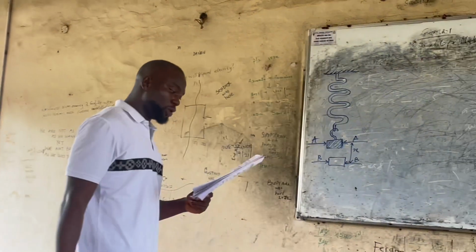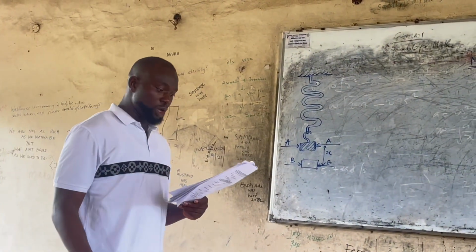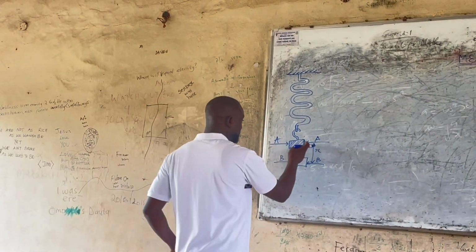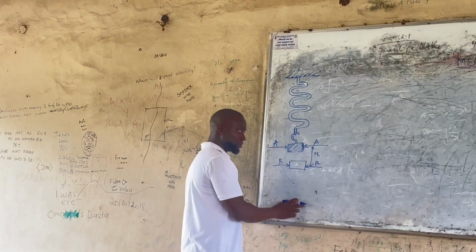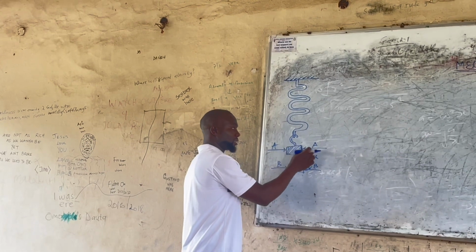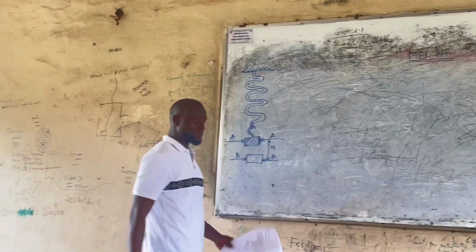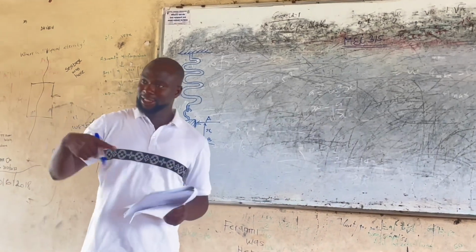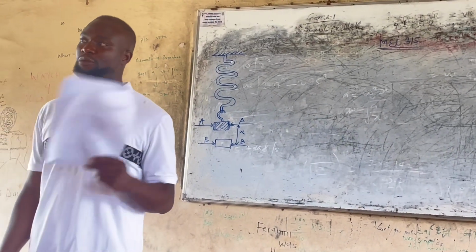X is the displacement of the load below the equilibrium position. This is the equilibrium position, but when it comes down, before it settles back, the displacement is X. S is the stiffness of the spring.